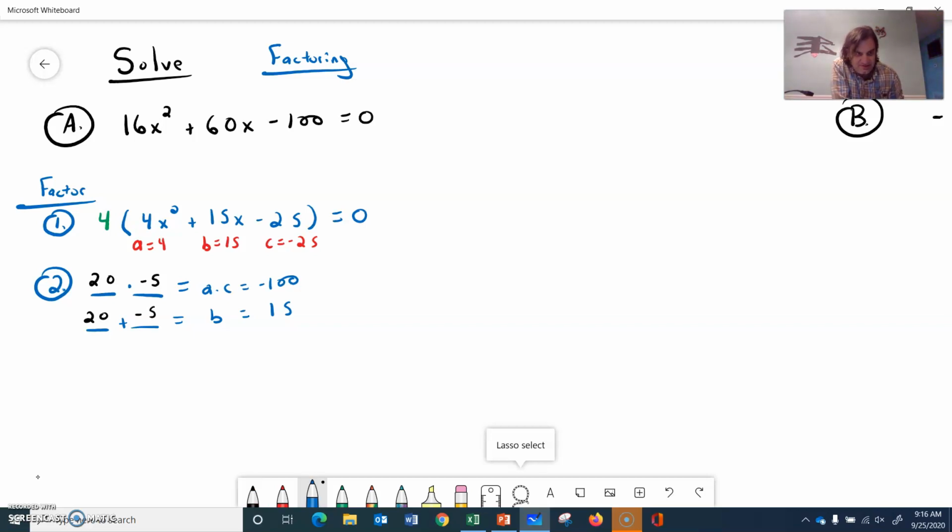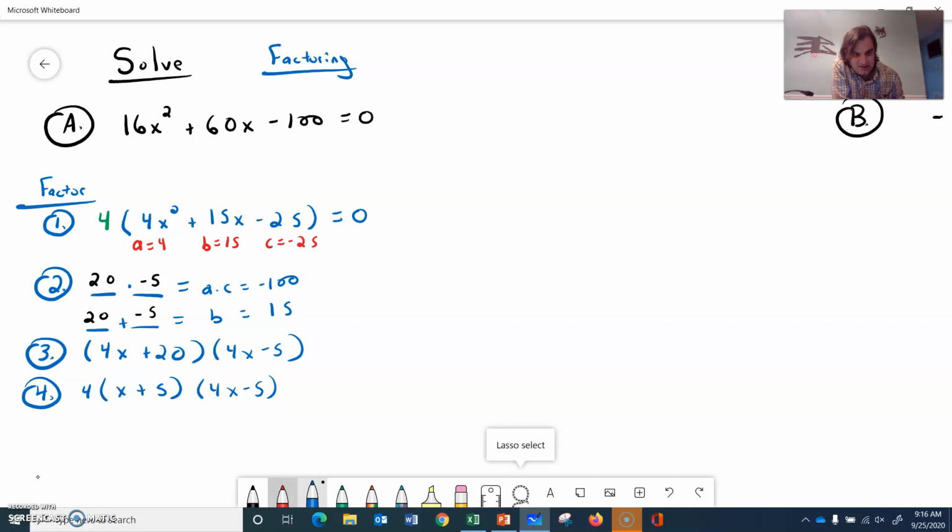Yes, I like to make sure before I go on. So I'm going to set up the two factors, starting with the A, which is 4x plus 20 and 4x minus 5. I can pull a 4 out of the first one. I put an extra 4 in so it comes out, leaving me x plus 5, and the other one is 4x minus 5.